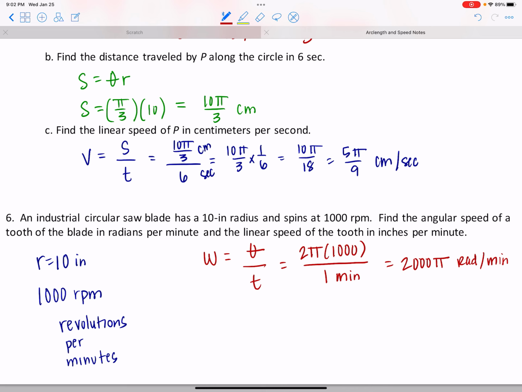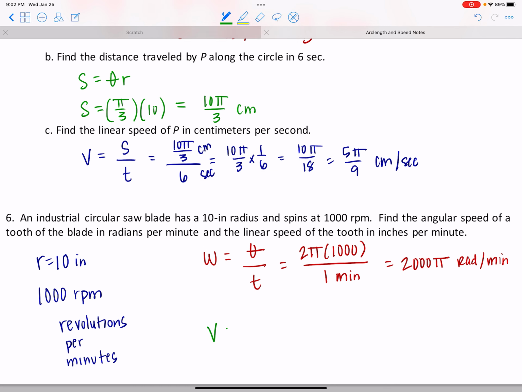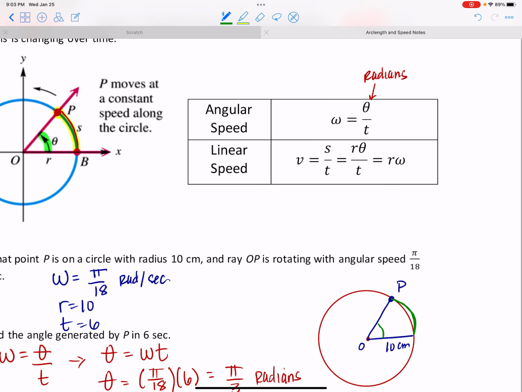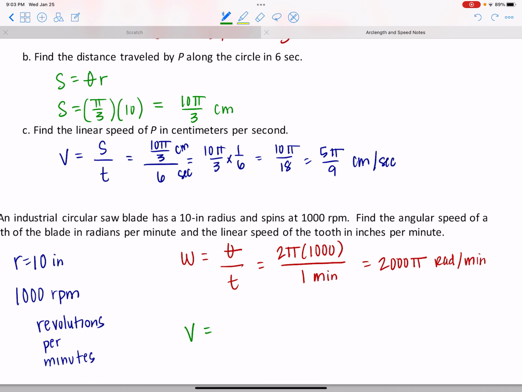Now we can calculate our linear speed. For linear speed, remember lots of formulas. The easiest one to use would be this one, because we know the radius length and we just calculated the angular speed. So one version of our linear speed formula says to take r and multiply by angular speed.